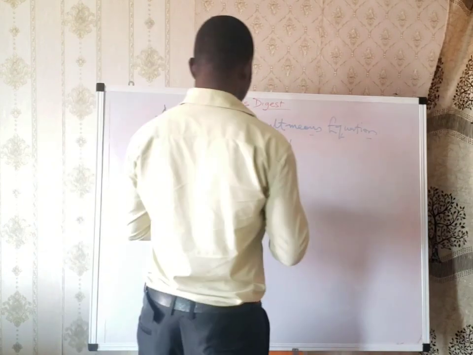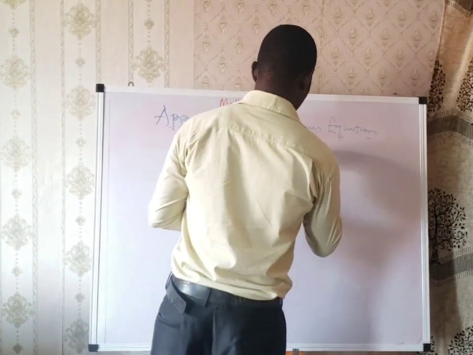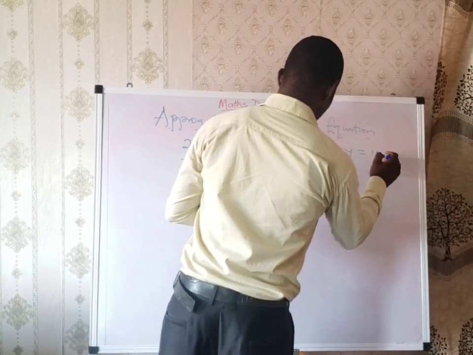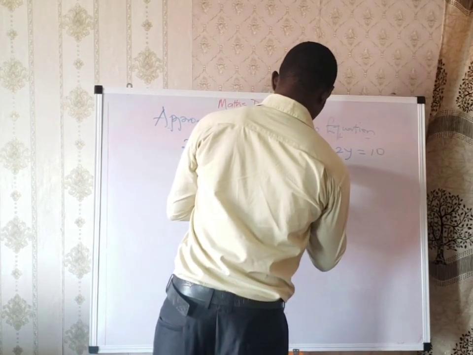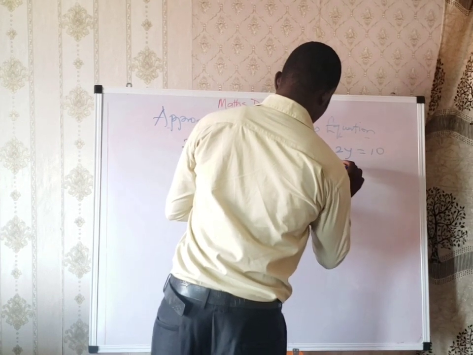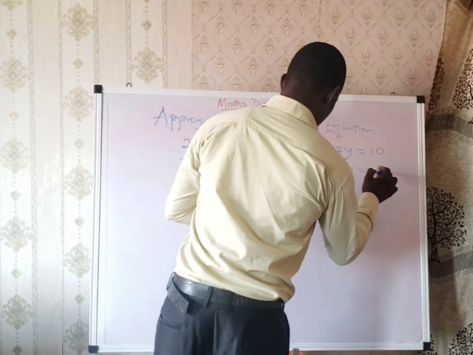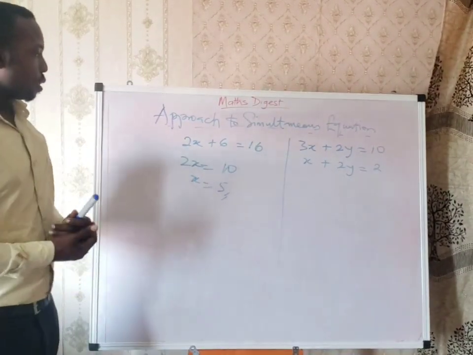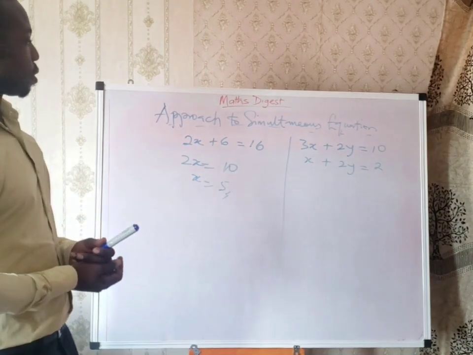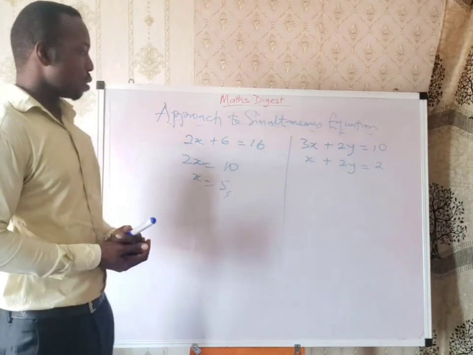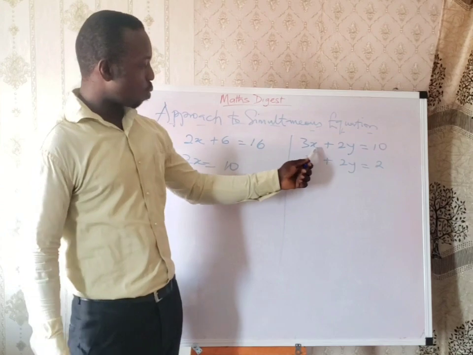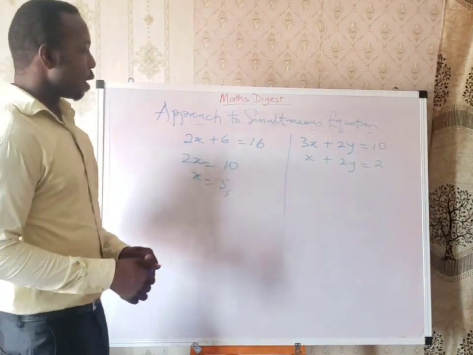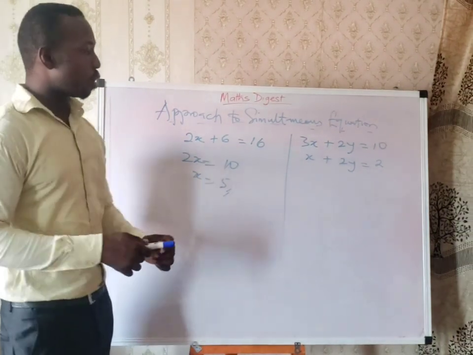So something like this. This is a simultaneous linear equation. If you watch, there are only two variables, and the constant has been pushed off to the other side.